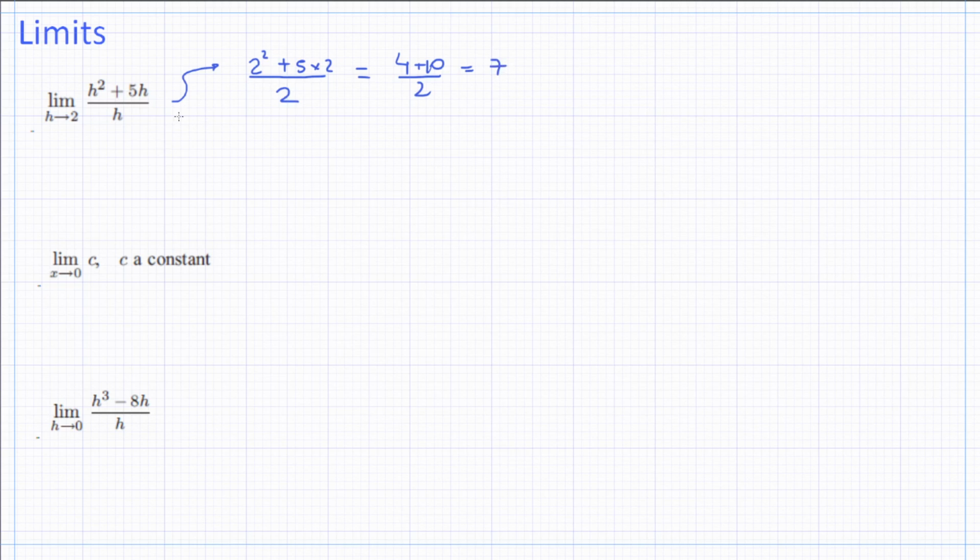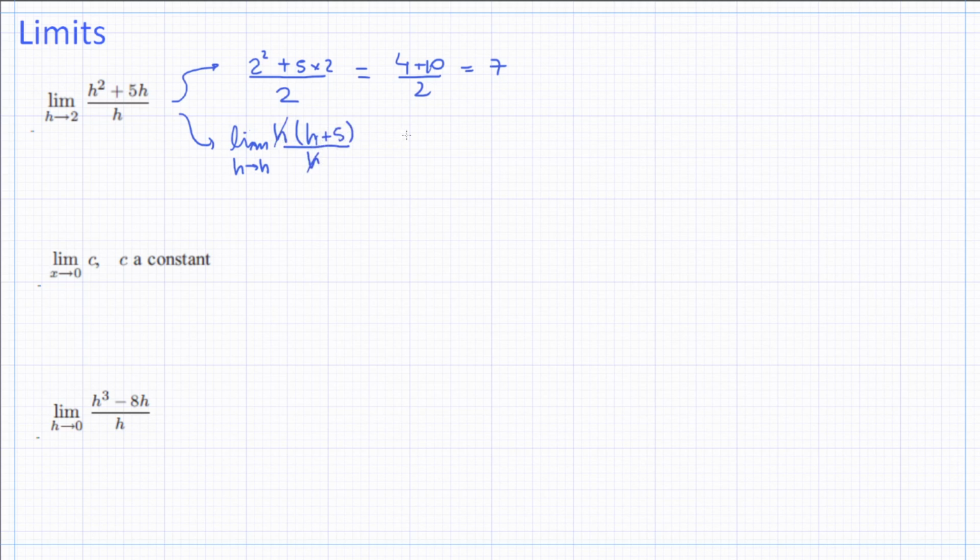Now what if I wanted to simplify this first? This would be the same thing as the limit as h approaches 2, and I can factorize on top by h, taking h outside, so h plus 5 over h.